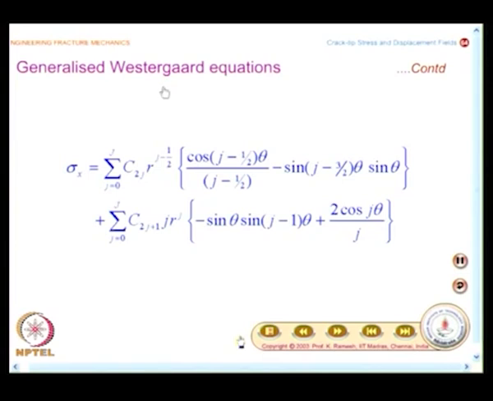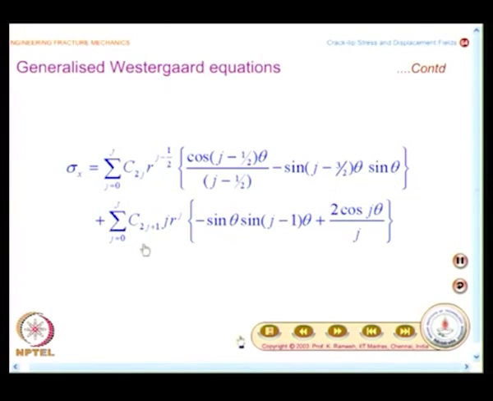From generalized Westergaard equations, you get sigma x equal to summation over j equal to 0 to J of C2j r power (j minus half) multiplied by cos (j minus half) theta divided by (j minus half), minus sin (j minus 3 by 2) theta sin theta.